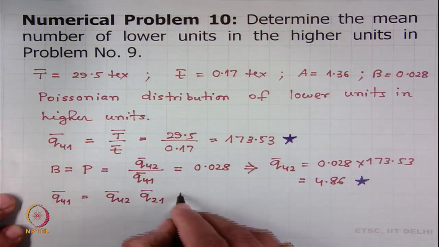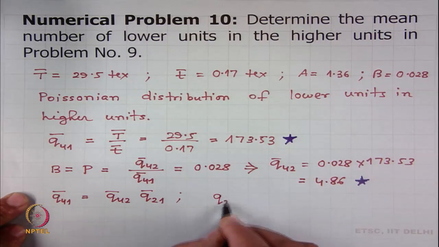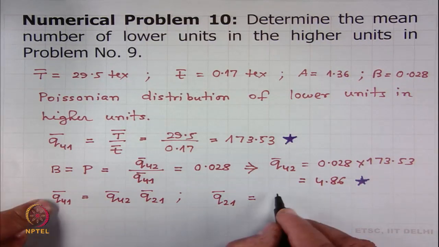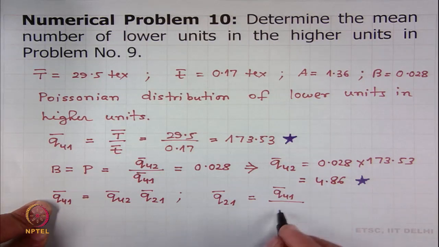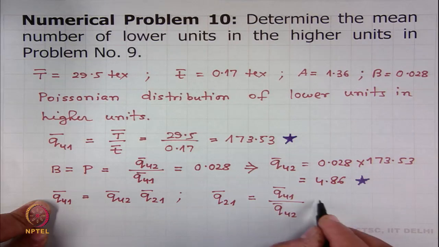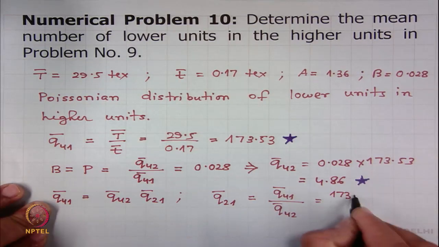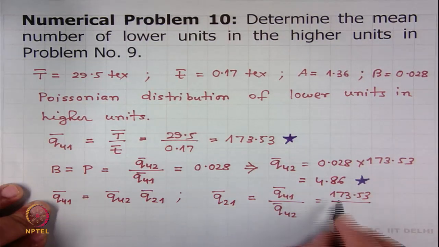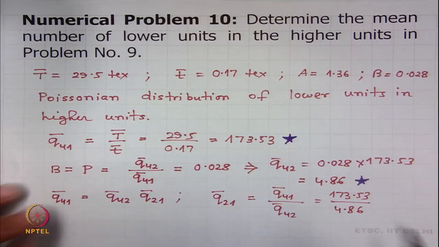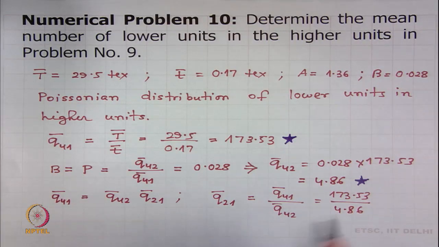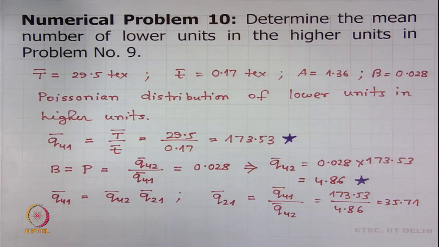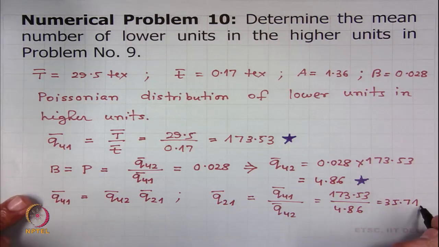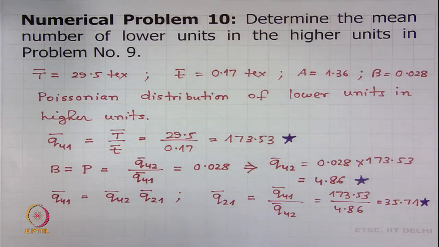So, Q21 will be equal to 41 by 42. 41 is 173.53 and 42 is 4.86, right. So, this value will be equal to 35.71. Okay.